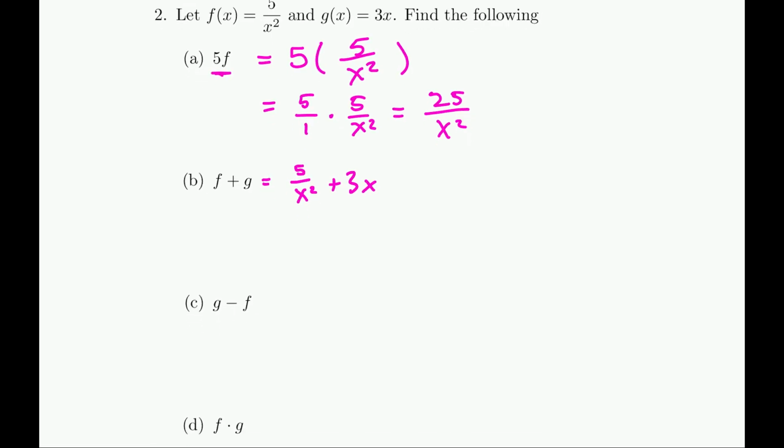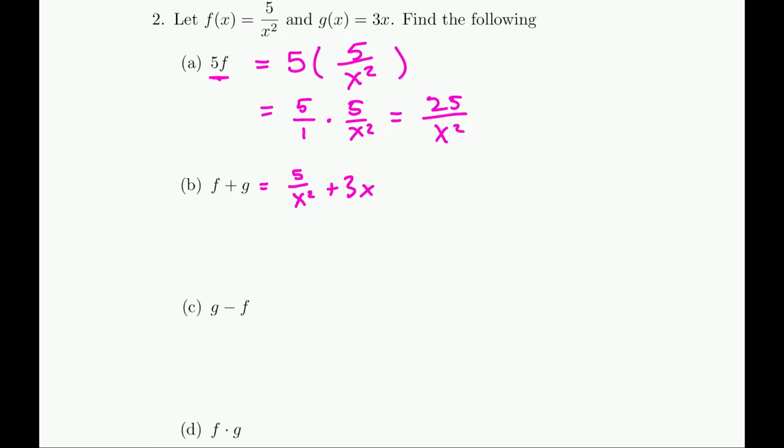G minus f. Well, whenever you have a negative sign like this, to be careful, you should use parentheses. And maybe we'll go look at the other example real quick after this. So we have g minus f. We'll put g here, we'll put f here.